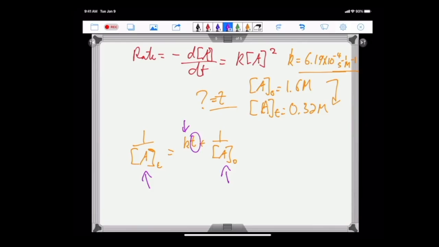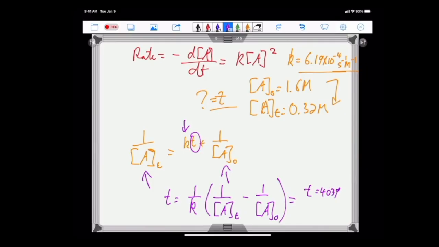So if I rearrange that, t is equal to 1 over K times 1 over the concentration A at t minus 1 over the concentration A0. Time here is equal to 4039. What unit? Seconds. That's right. If I wanted to express it in minutes, 67.3 minutes.